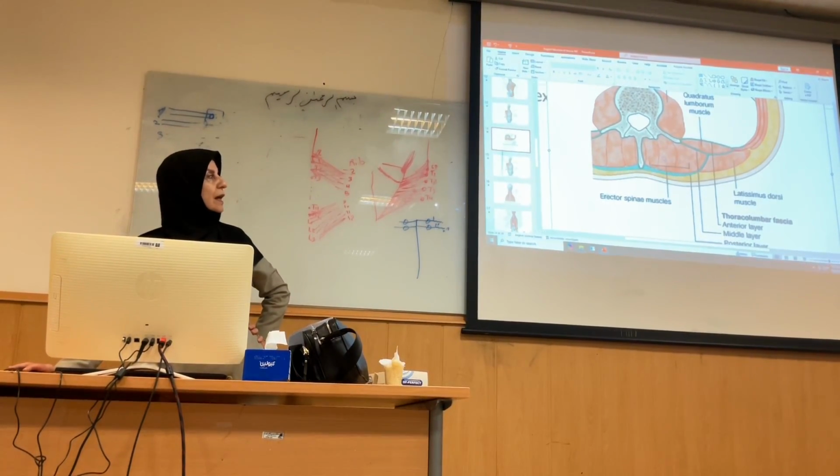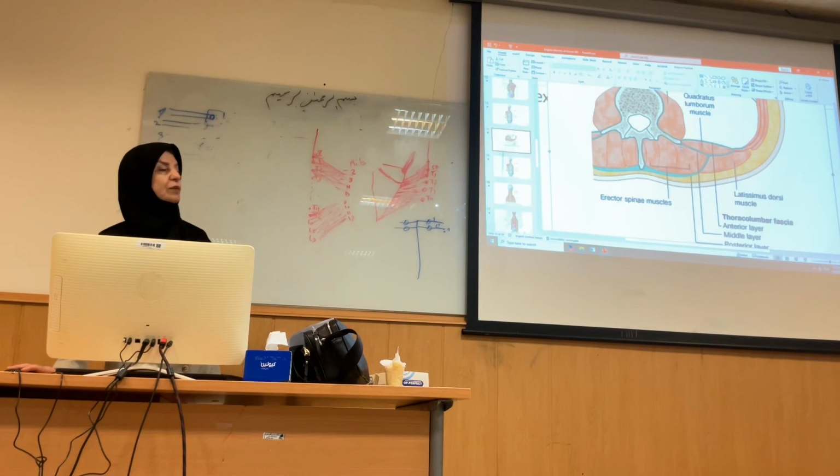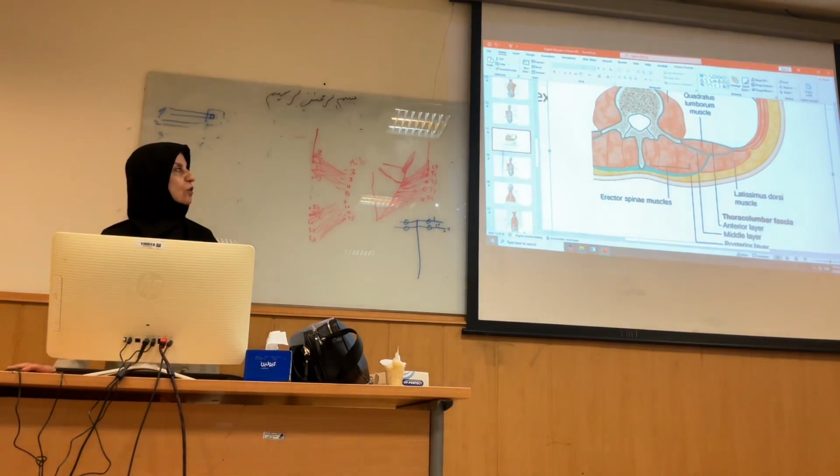Superficial to the erector spine, lateral to the erector spine, it joins the middle layer. The middle layer medially connects to the transverse process and passes anterior to the erector spine; lateral to the erector spine it joins the posterior layer.